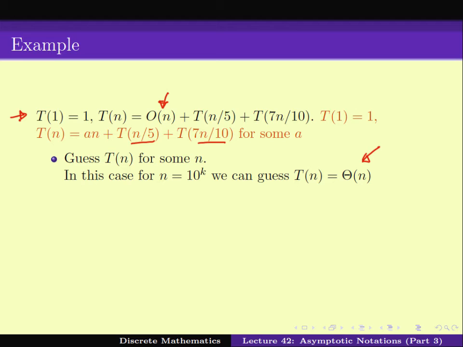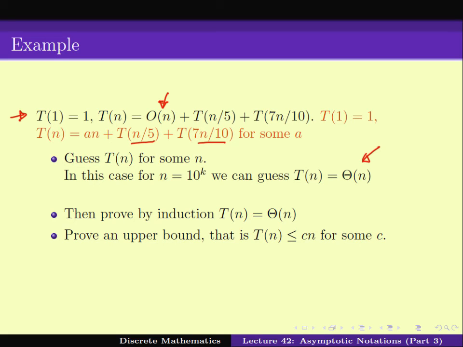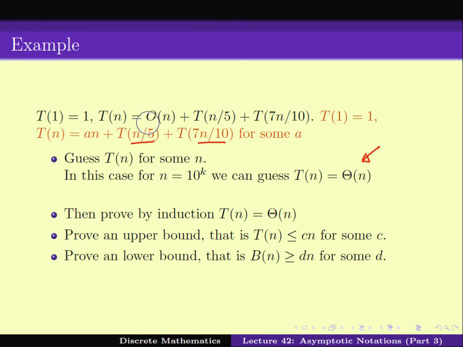And now you prove this first of all again by induction, in which case you go back to your same technique. You prove an upper bound saying that Tn is less than C times n for some n, and then you prove that Tn is greater than B times n for some n. And by doing so, you will be able to prove that Tn equals theta n.